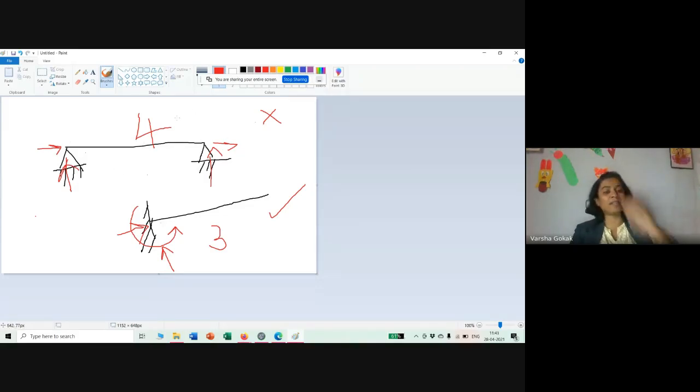If I ask you to find the bending moment and shear force diagram, you will not be able to get the reactions in the first place because there are 4 unknown reactions and you have 3 equations of equilibrium.